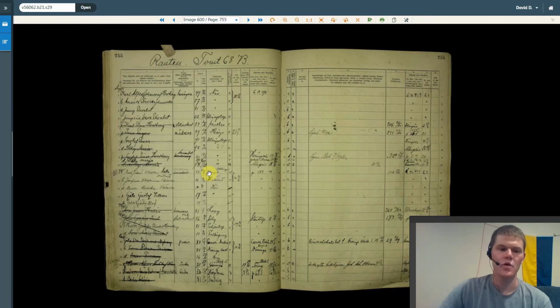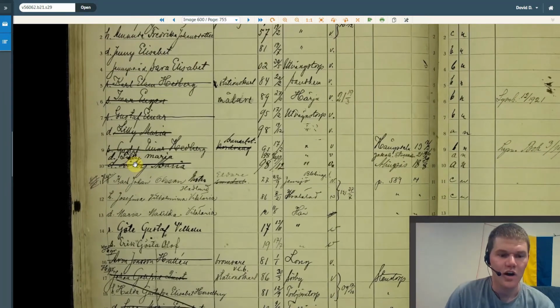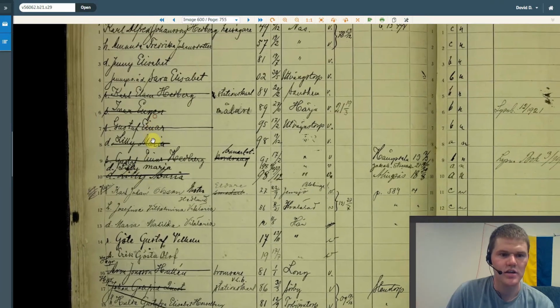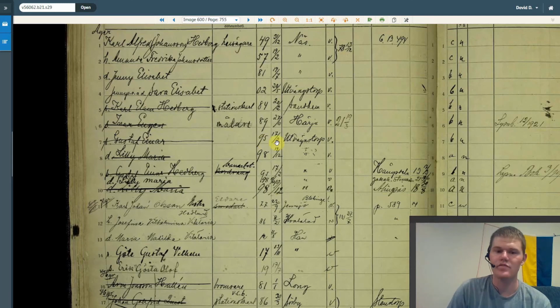And so here's an example right here. We've got this person right here named Gustav Einer, and he was born in 1895, and then he shows up again down a few lines right here. This is the exact same person. If you compare the information, 95, 17 over 2, 95, 17 over 2.